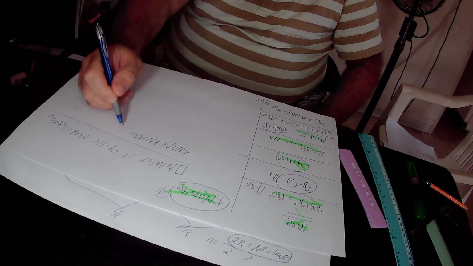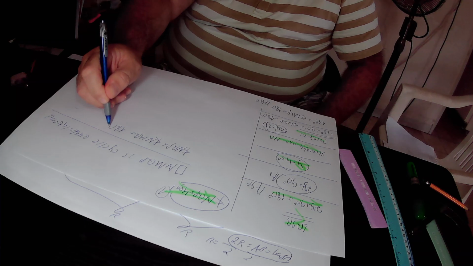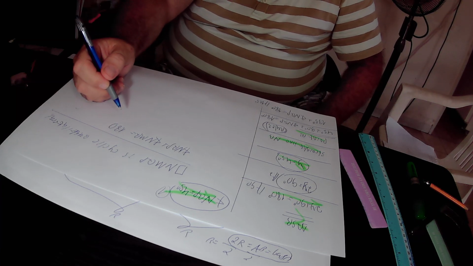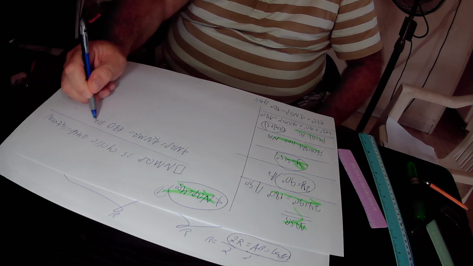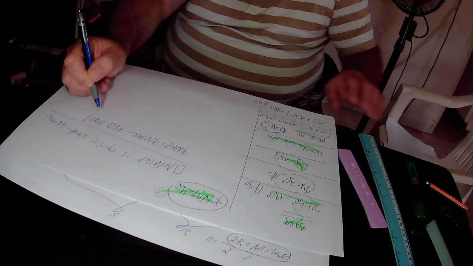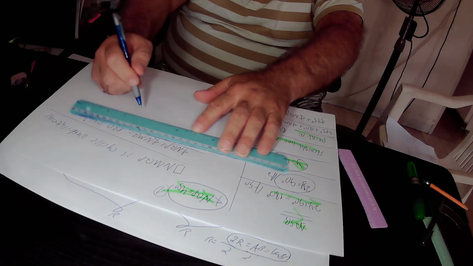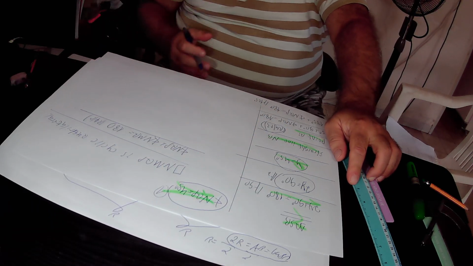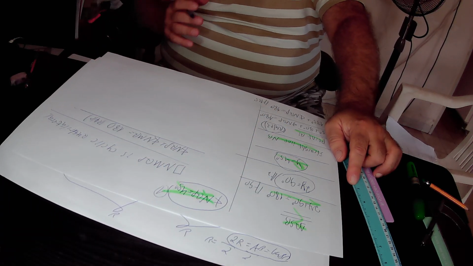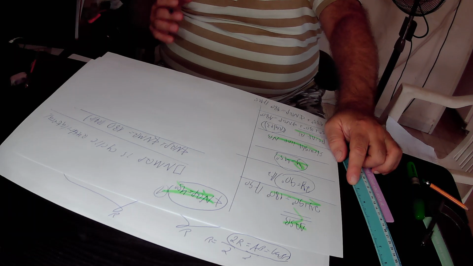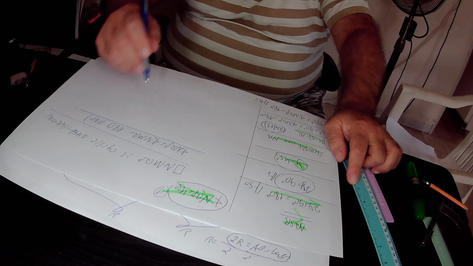In total, they must be equal to 180 degrees according to the rule that I presented to you. The rule says that the opposite angles of a cyclic quadrilateral add up to 180 degrees.